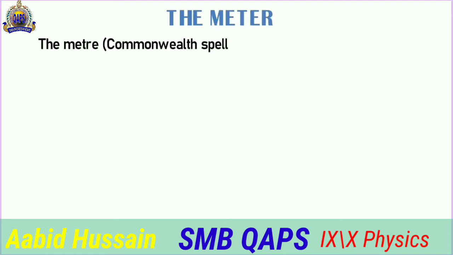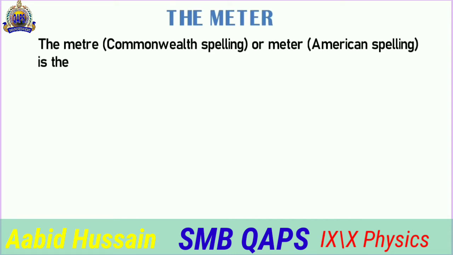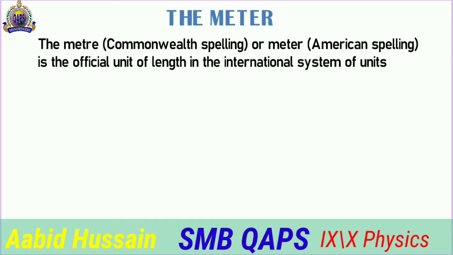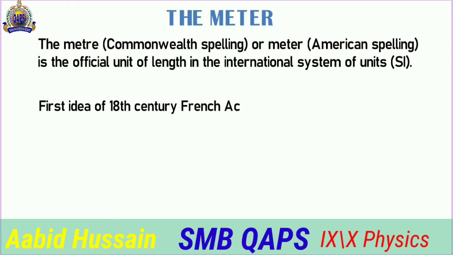First, the definition of the meter which was given: the meter is the official unit of length in the International System of Units, the SI system, and its first idea was given in the 18th century by the French Academy of Science.